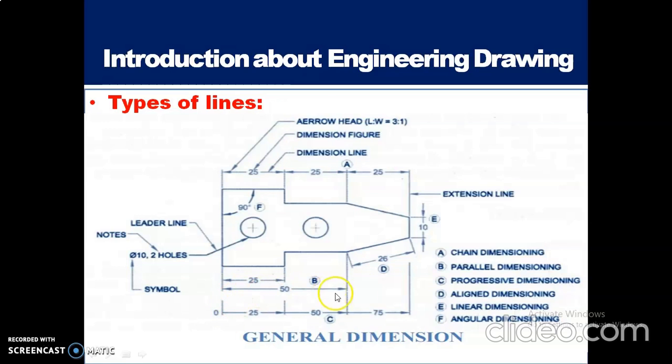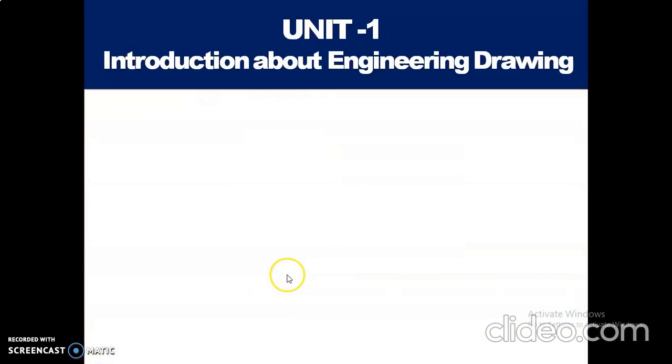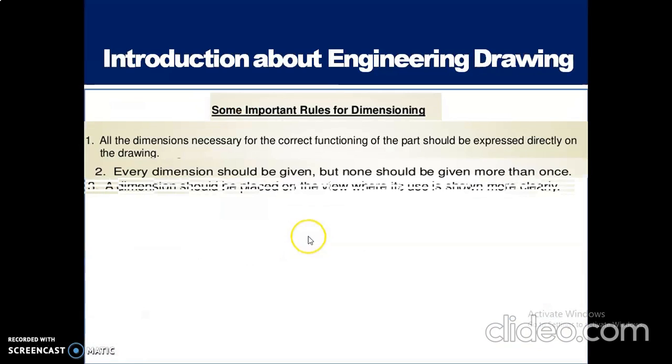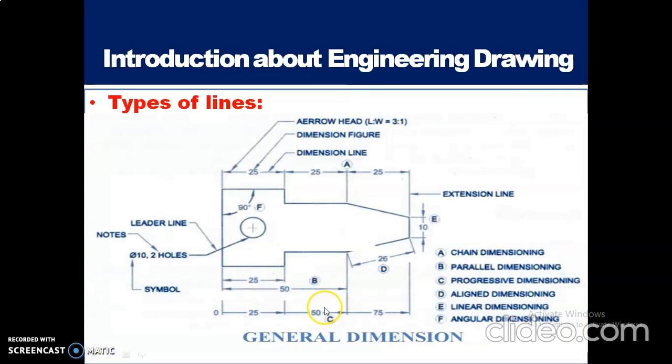Now the eighth rule again: the dimension line should be drawn at least 8 mm away from the outline. See here, this is a dimension line, and this is the outer edge of the object.